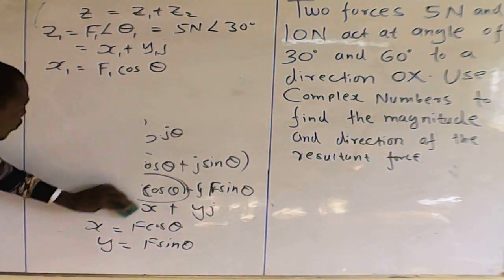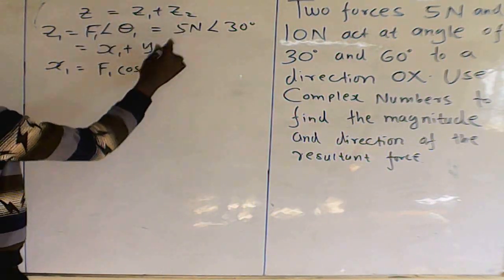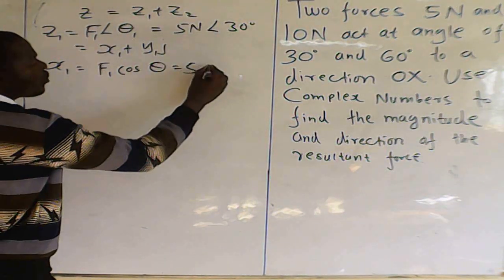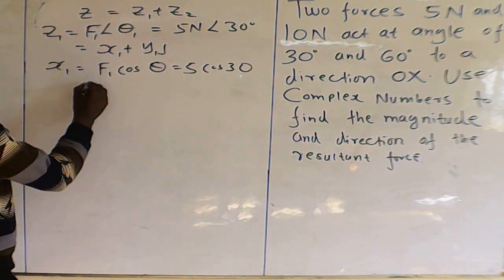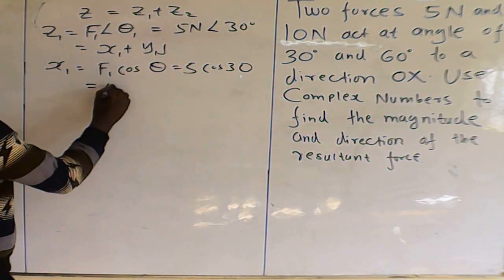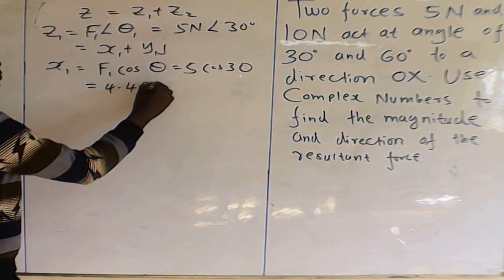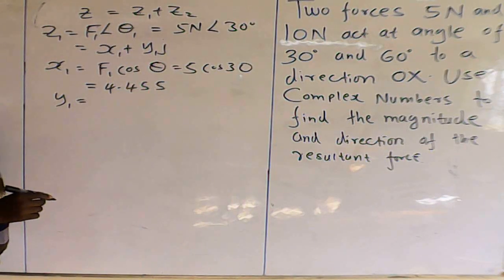Yes. So what do we have with the x component there? Substitute. Your force is 5 Newton cos 30 degrees. So what do you get to be x1? 5 cos 30. Then you go to the y component. You see, the y component is given by the sine, isn't it?